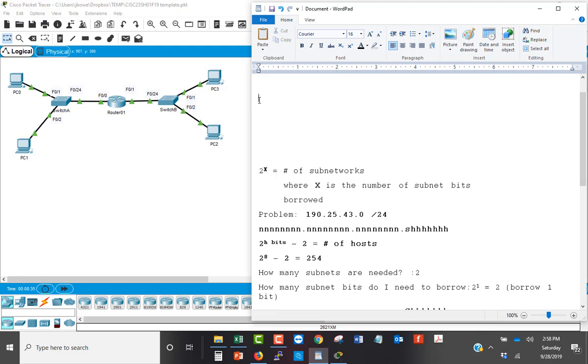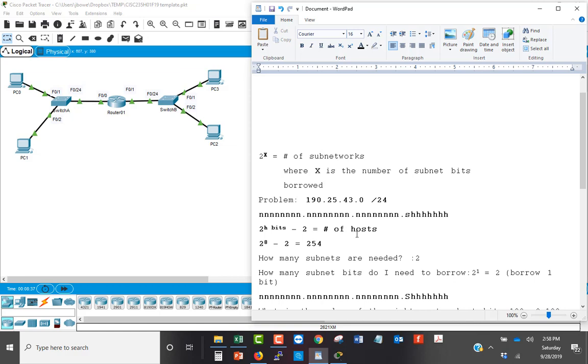So next, now again, this is what our network subnet mask looks like, consisting of the 25 network bits, and now only 7 host bits.